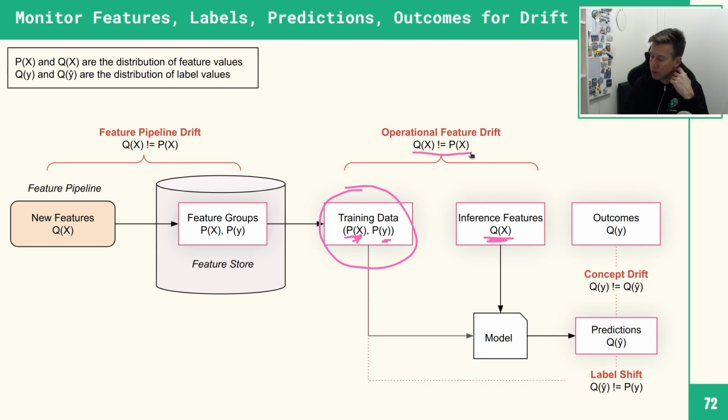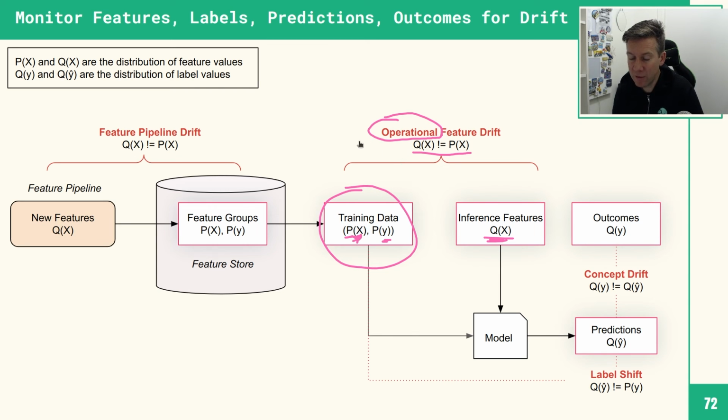Now, in this case, because it's inference data coming in, I'm using the term operational feature drift. You could use the term inference feature drift as well, but it's operational. It's happening in the operational system. It's not happening beforehand when we're creating training data. This is when we're getting new features in that we want to make predictions with.